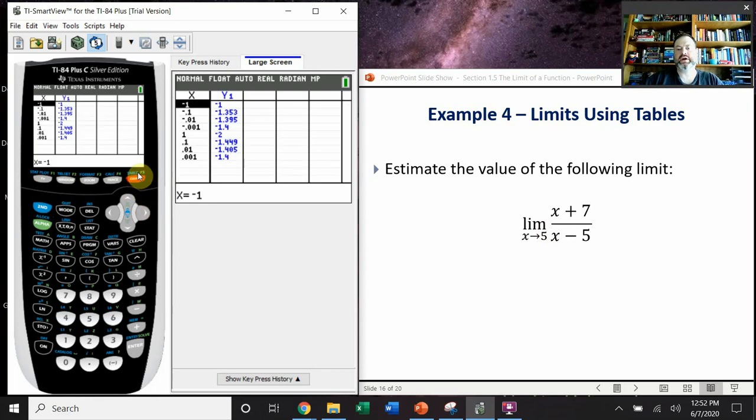So we need new numbers, right? So let's just use what we've used in the past. Yeah, so let's do 4 and 6. I couldn't remember where I started. Let's do 4. It doesn't matter if you start on the left or the right first. So 4, 4.9, just kind of the stuff we've been doing.